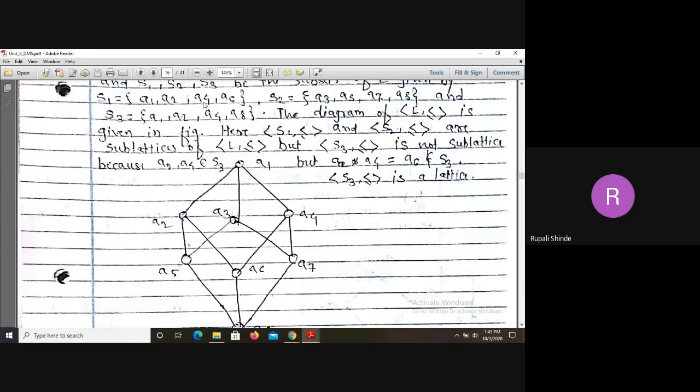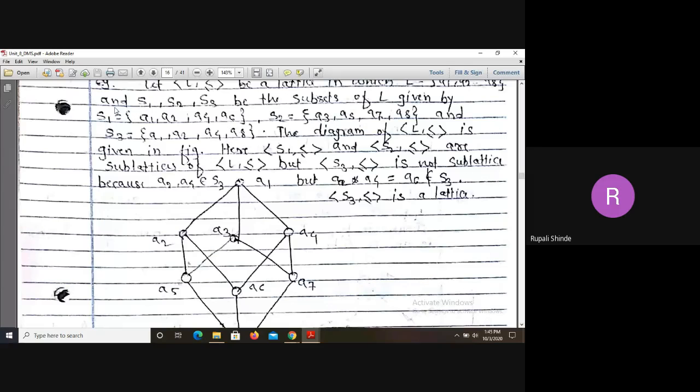Now check another pair of elements, A4 and A6. The greatest lower bound for this pair is A6 and the least upper bound is A4. Again, whatever result we got, A6 and A4, both are present in this set S1. So after performing meet and join operations on any pair of elements from this set S1, whatever result we got is present in S1 only.